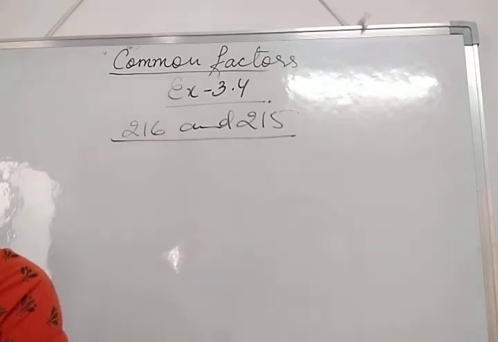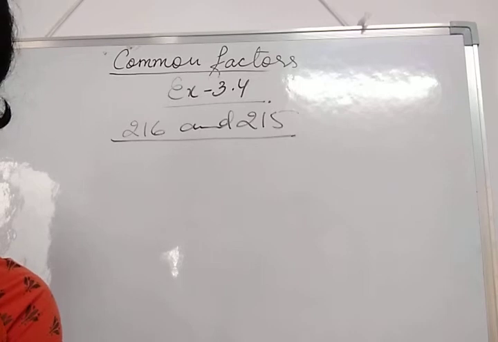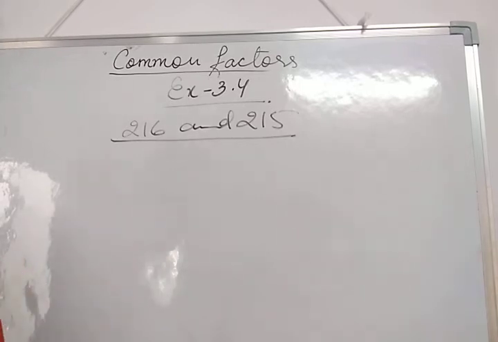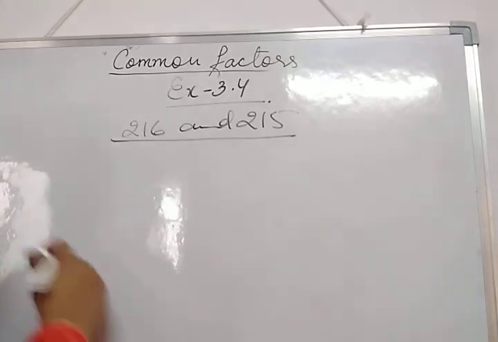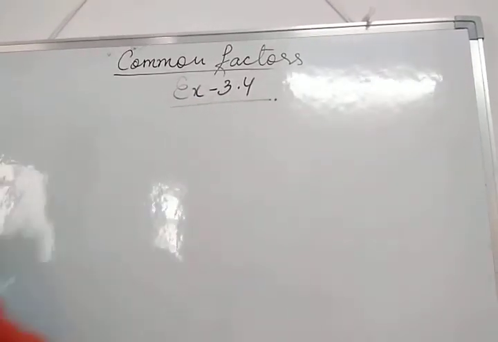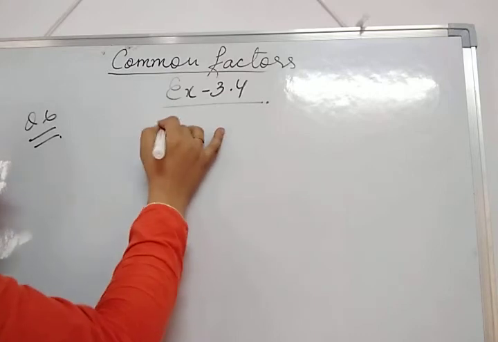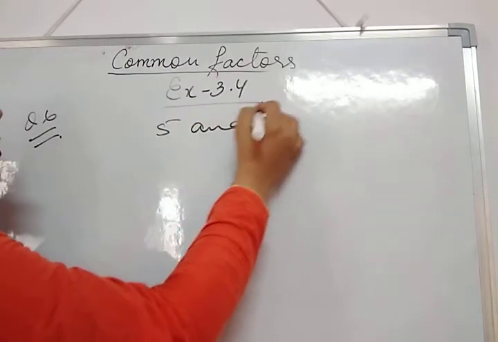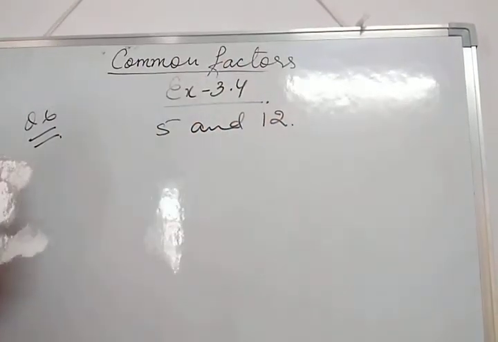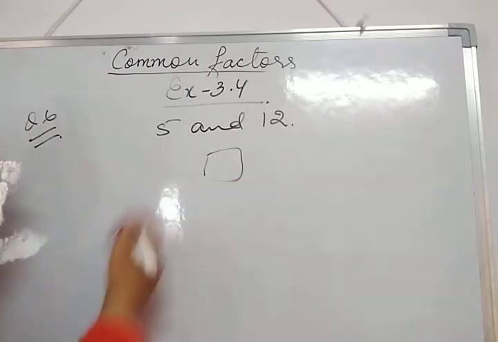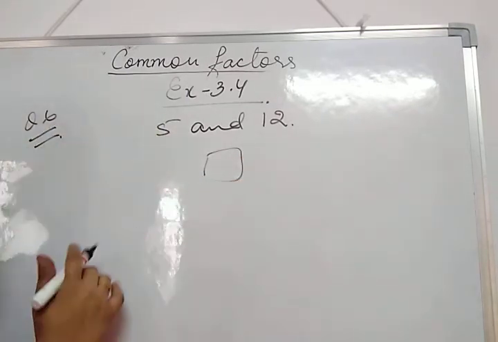Now come to the next question, the sixth question. A number is divisible by both 5 and 12. By which number will that number always be divisible?